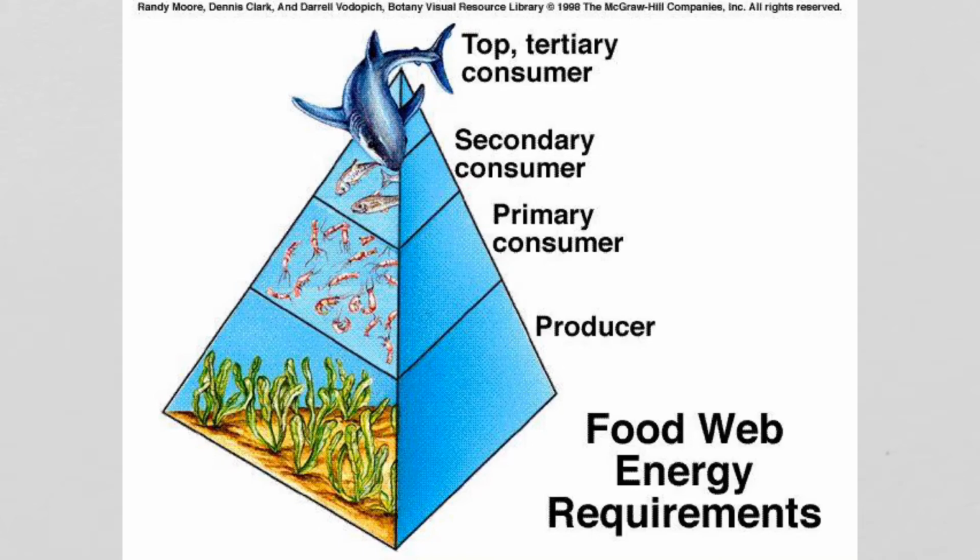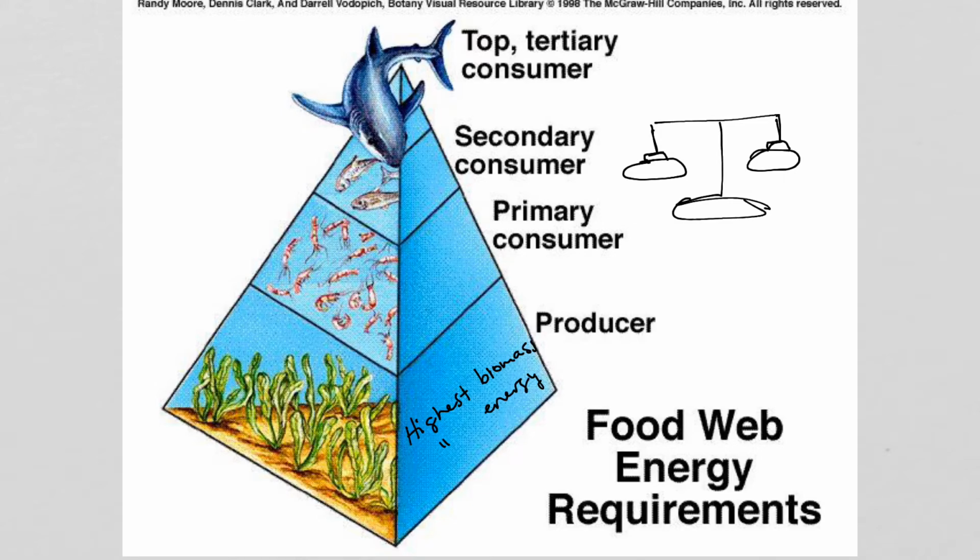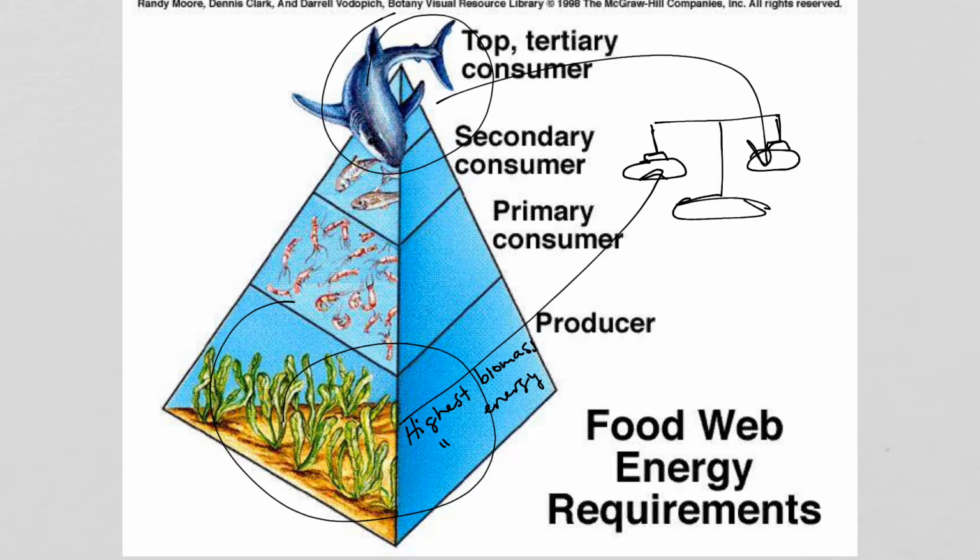So you're going to have your highest biomass down here and your highest energy. So what that means is if you were to use one of those old balance scales, and you were to put all the producers, so this whole group, pile it here, and then this whole group, pile it there, then it would do one of these.